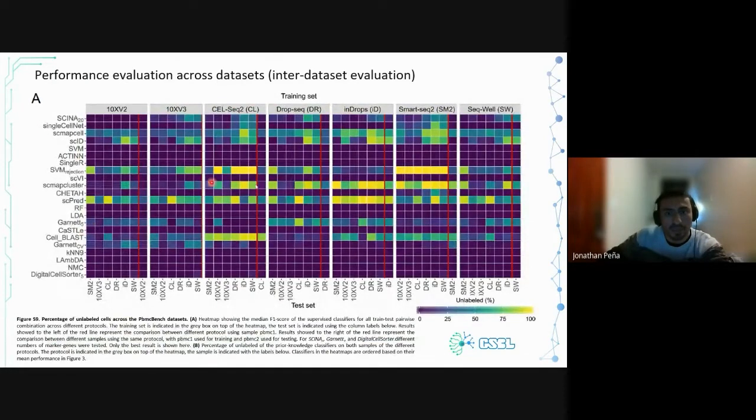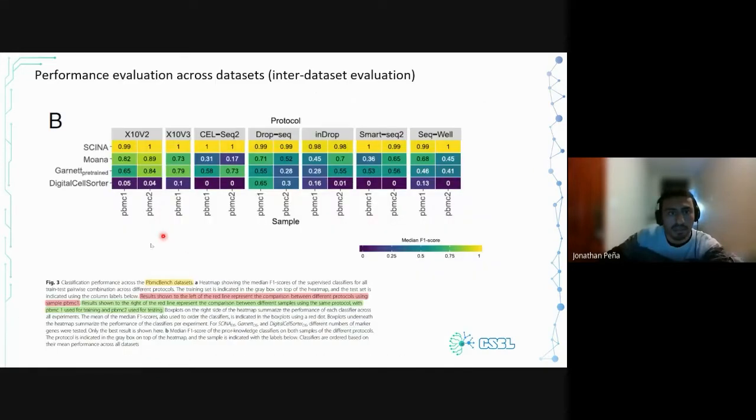They also analyzed the percentage of unlabeled cells, and they found that CINA and Single Cell Net were also the best classifiers for this dataset. They separated the two methods that use prior knowledge, and found that method CINA was the best, with the best performance.